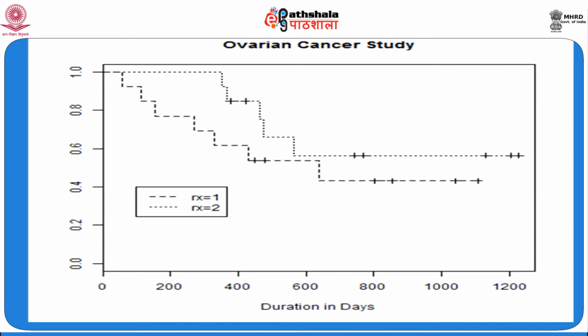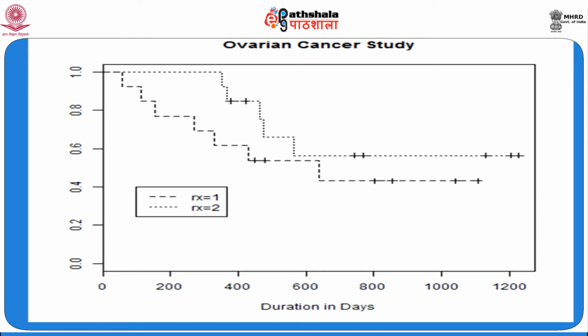As time keeps increasing, the probability of survival keeps decreasing. At the end of the study, at around 1200 days, some patients were alive and some were not, with the majority not alive.